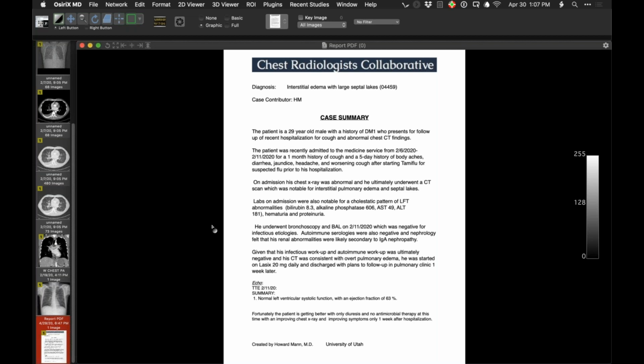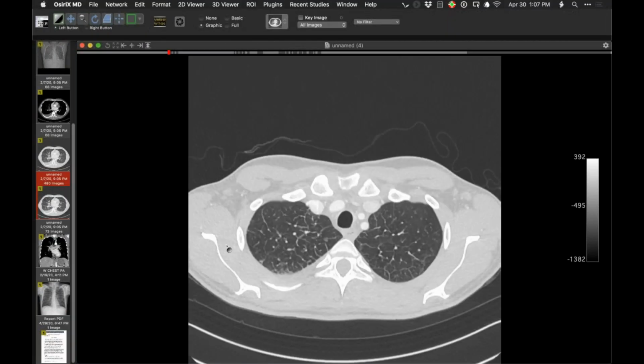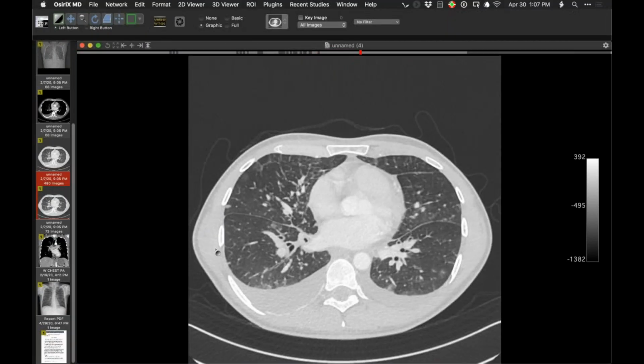There's a question of some renal disease, but I don't think that this was necessary at the time, because I think the findings are absolutely typical of lung edema rather than some other process that may require bronchoscopy and BAL, as you see there. So a really dramatic example of so-called septal lakes, we call them.